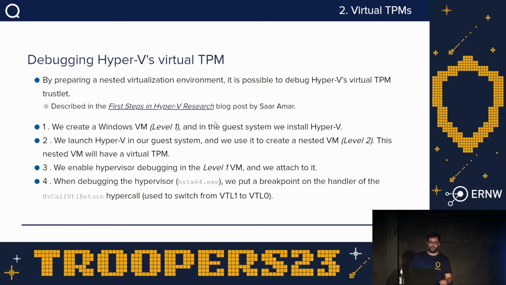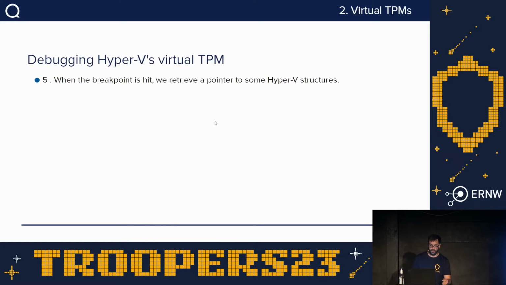Once we are debugging the hypervisor on the level 1 VM, we put a breakpoint on the handler of a hypercall, a service offered by the hypervisor called HvCallVtlReturn, which is used to transition from VTL1, the most privileged mode, to VTL0.